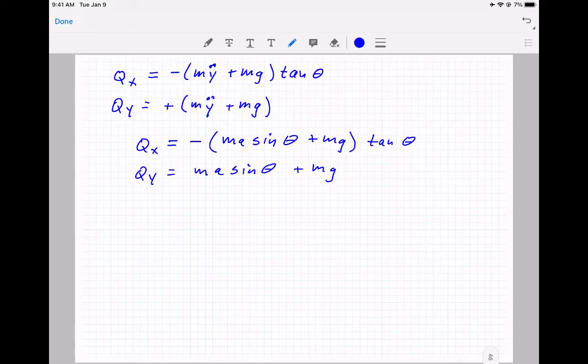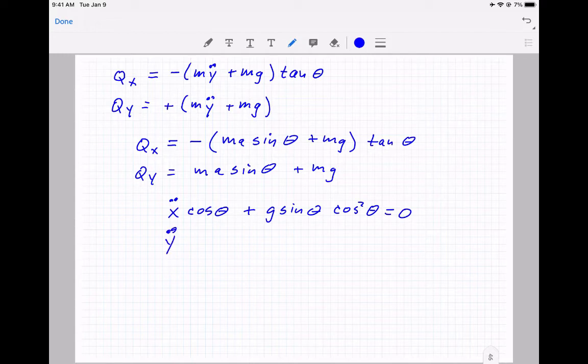So the final step is to get a, and so to get a, what I'm going to do is take my x double dot equation, my y double dot equation, put them into a form where I can add them together. So I'm multiplying the x double dot by a cosine theta, and I have x double dot cosine theta plus g sine theta cosine squared theta equals 0.